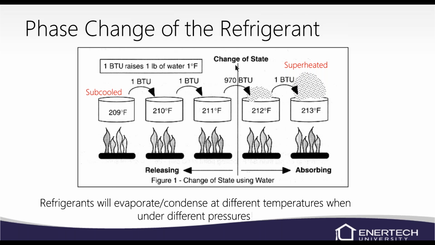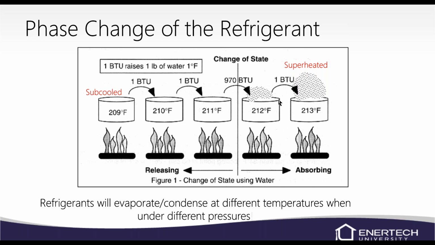Before the change of state, it would be considered a subcooled liquid here in this picture. And then after the change of state, which is right here at the boiling point, would be considered a superheated vapor. When we raise 1 pound of water 1 degree, when we go from 209 to 210, we've got about 1 BTU that's either being released or absorbed.